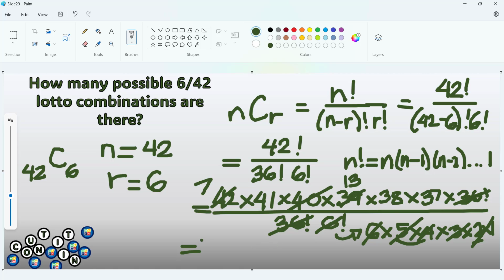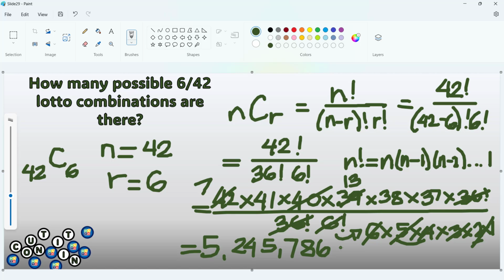The total number of 6/42 lotto combinations, if you would really like to try betting, is 5,245,786 combinations. Now, if you would like to win, you'll be betting on all of these 5 million plus combinations.